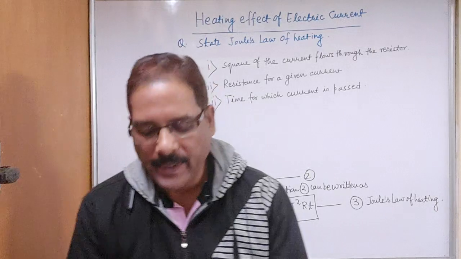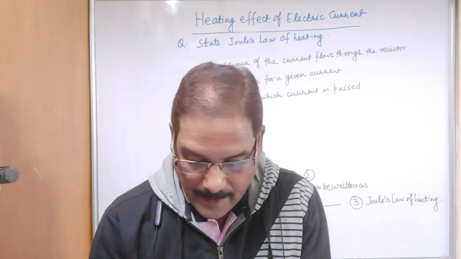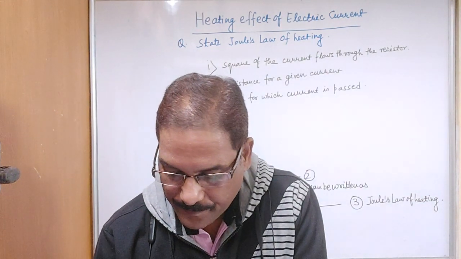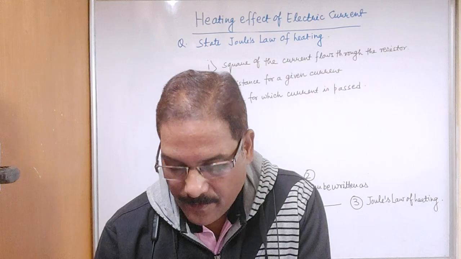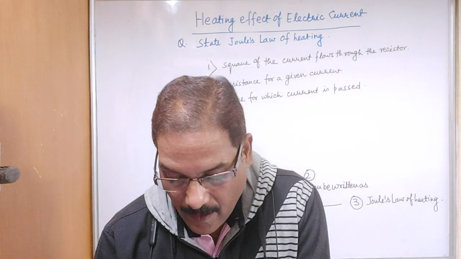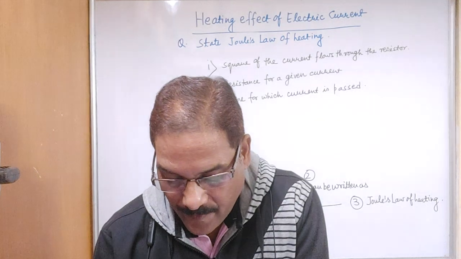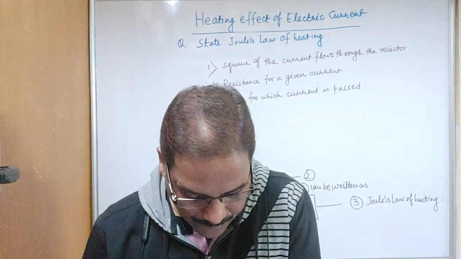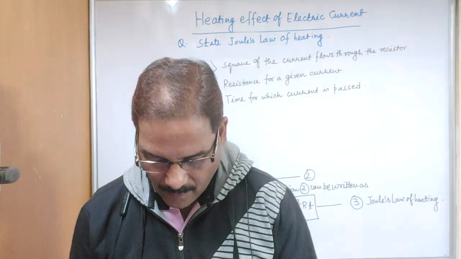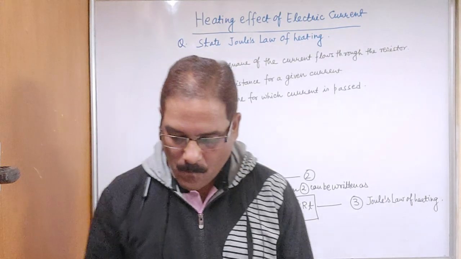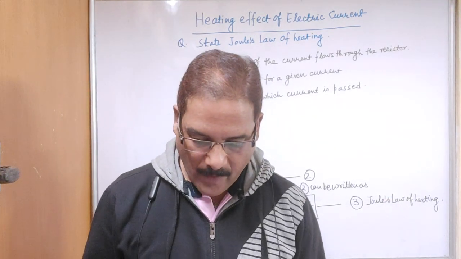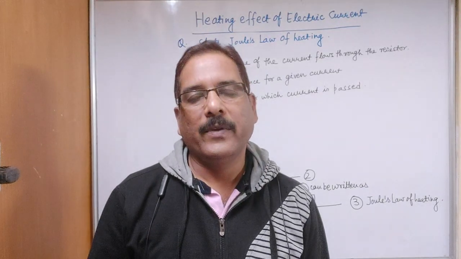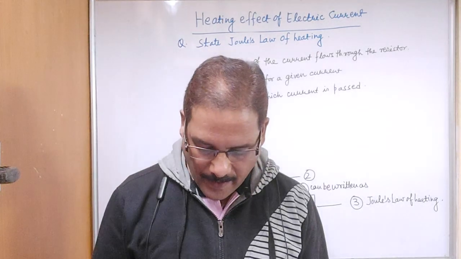In practical situations, when an electric appliance is connected to a known voltage source, a figure is given, is used after calculating the current through it using the relation I is equal to V by R. So we know from Ohm's law we can calculate current. V is equal to IR, so I is equal to V by R.